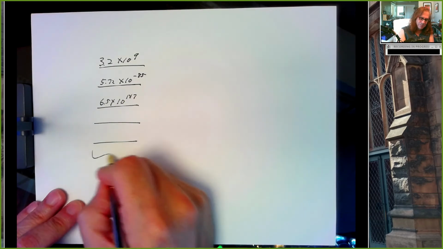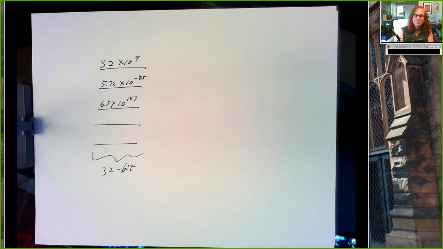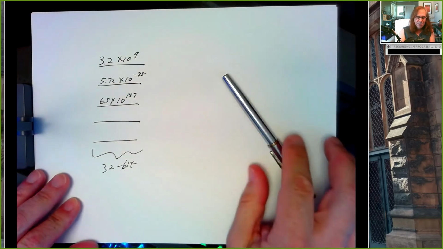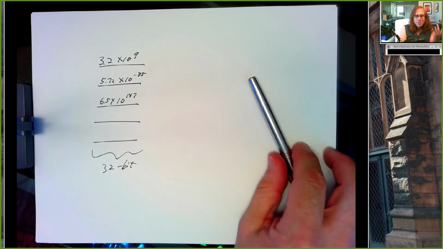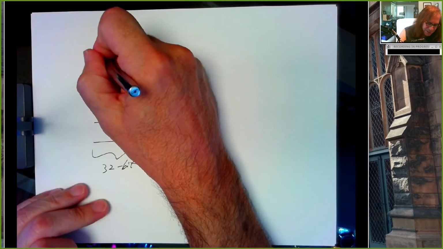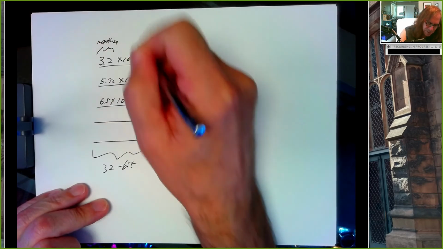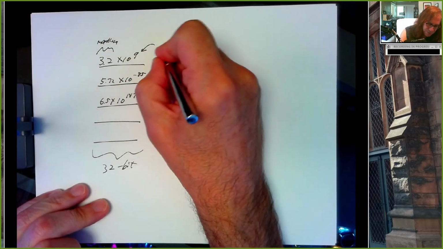And we're going to concentrate mainly on a 32-bit representation. And we use something like scientific notation. We basically have a mantissa. We have an exponent.